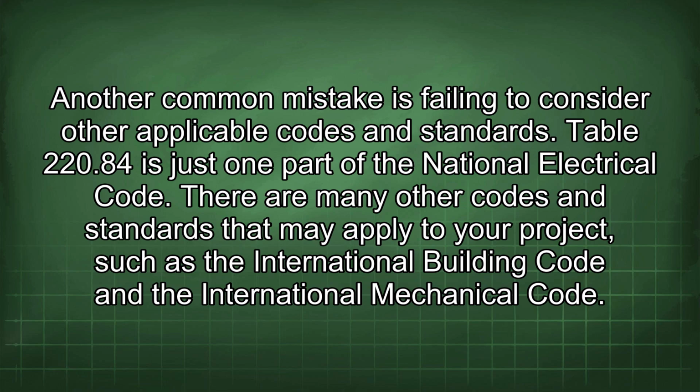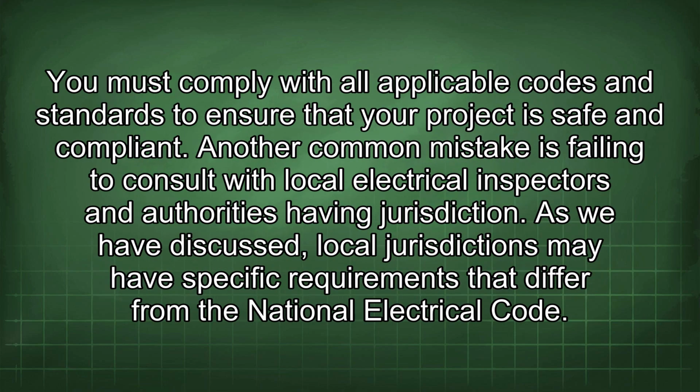Another common mistake is failing to consider other applicable codes and standards. Table 220.84 is just one part of the National Electrical Code. There are many other codes and standards that may apply to your project, such as the International Building Code and the International Mechanical Code. You must comply with all applicable codes and standards to ensure that your project is safe and compliant.